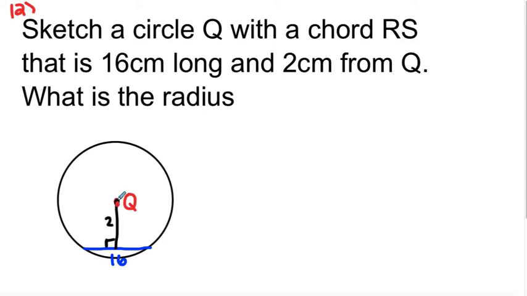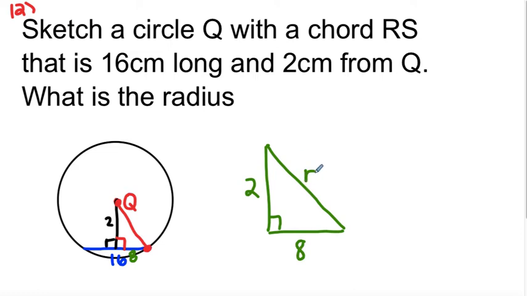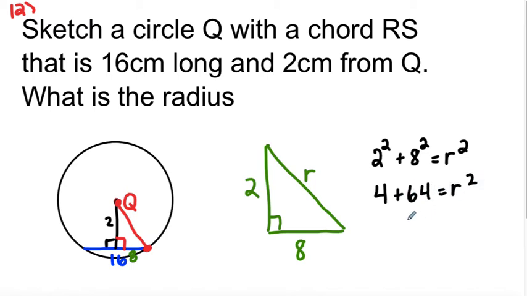So again, we're going to take the center, we're going to connect the center to the end of the chord, creating a right triangle. We know that 16 is being bisected, so now I have a right triangle with sides 2 and 8, and I'm going to find the radius by using the Pythagorean Theorem. 2 squared plus 8 squared equals r squared. So 4 plus 64 equals r squared, so 68 equals r squared.